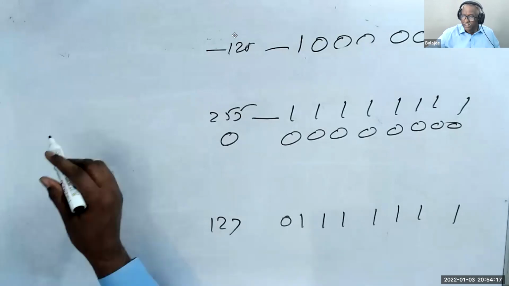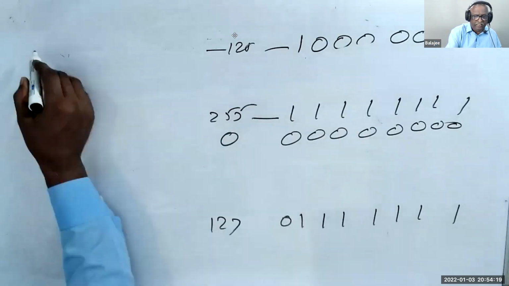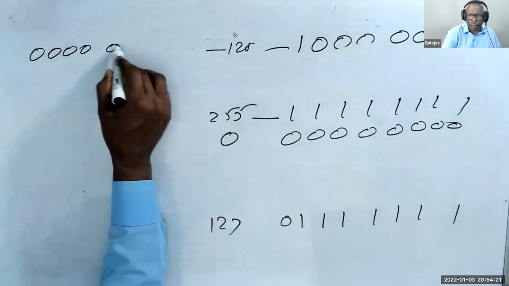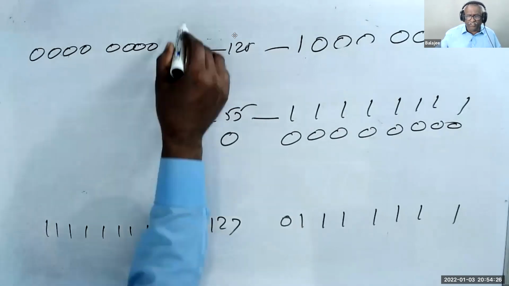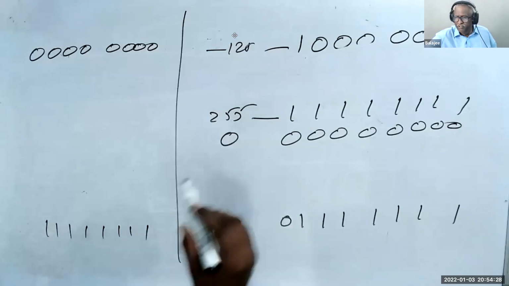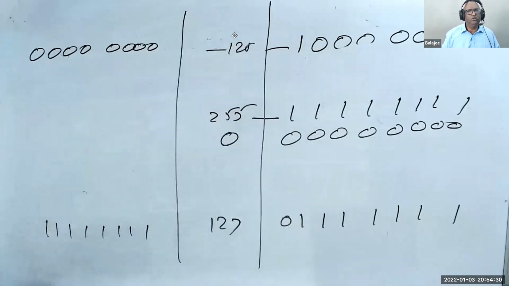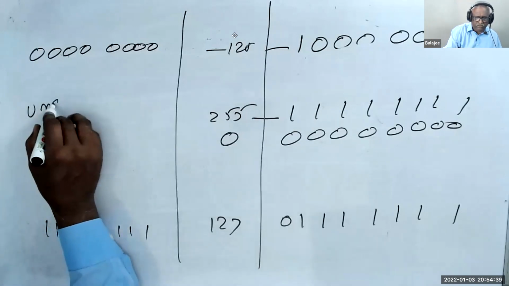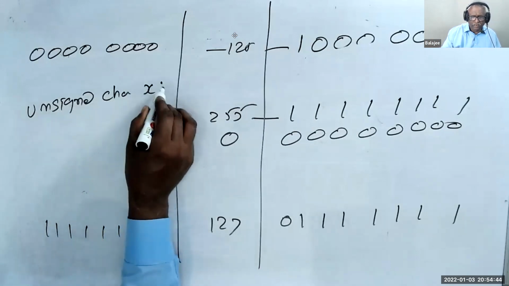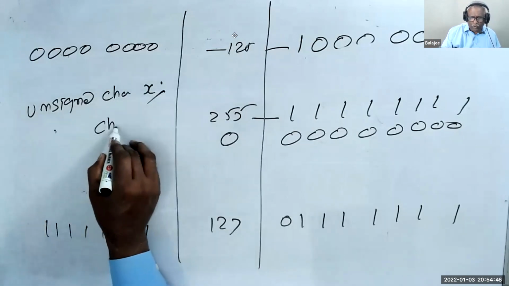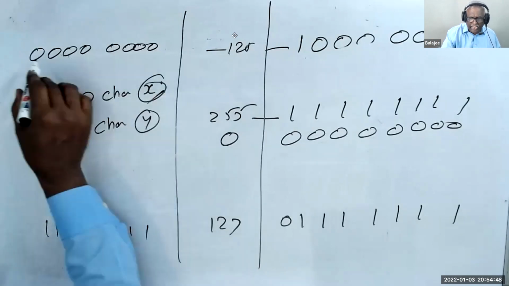But if you declare the same 8 bits as unsigned, your starting value will be 0000 0000 and the ending will be 1111 1111. You understand the difference, how we are storing. This is the way we are storing. So this is what is exactly happening. If you put unsigned char X, char Y, both will occupy only 8 bits.